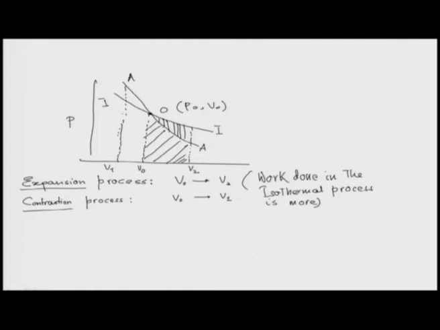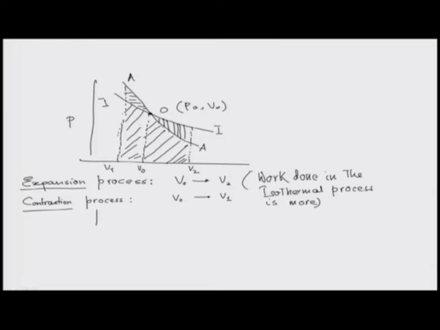Whereas, if you look at the contraction process, you see your isothermal curve lies lower than the adiabatic curve. So, this is the work done in the isothermal process, whereas this is the work done in the adiabatic process, which includes the smaller part and also this bigger part.